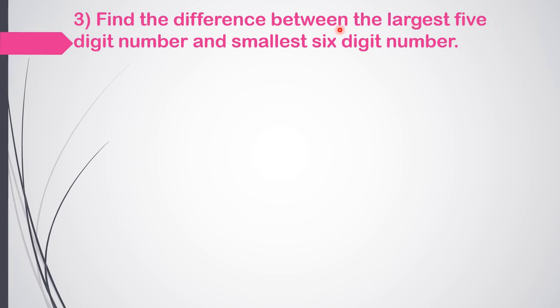Largest 5-digit number or smallest 6-digit number? Which one is the largest one? Yes, the smallest 6-digit number is the largest one because it has 6 digits. But the largest 5-digit number, this one is the smaller one.